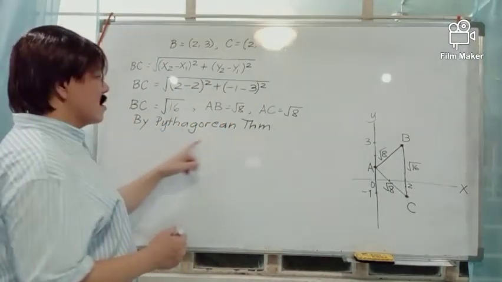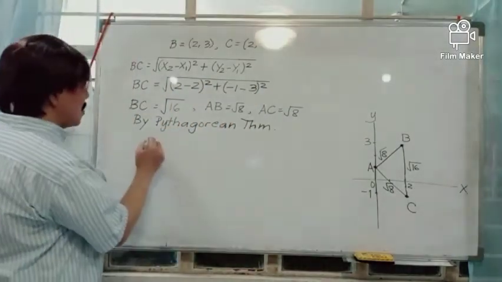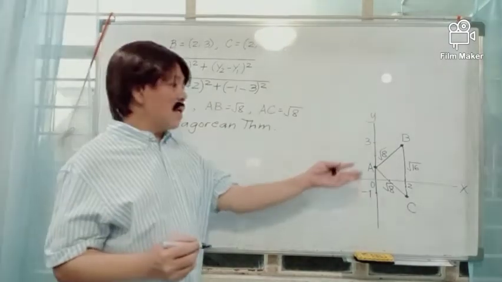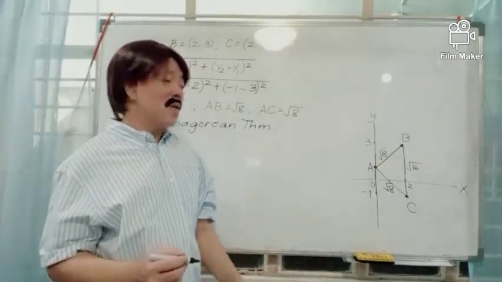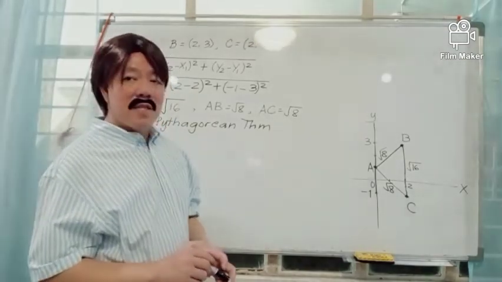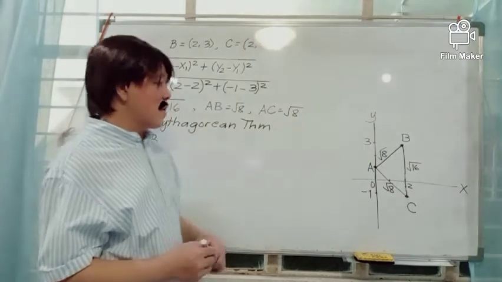By Pythagorean theorem, the square of the hypotenuse. In this triangle, we take BC as the hypotenuse because it has the largest length. The longest length is square root of 16.